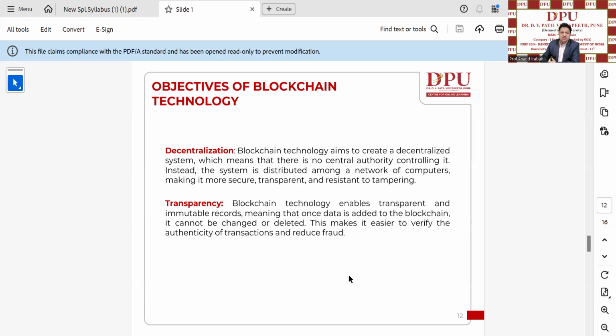This makes it easier to verify the authenticity of the transaction and reduces fraud. So if a transaction has been executed through blockchain, I can see that it is transparent, and I can rely upon it.